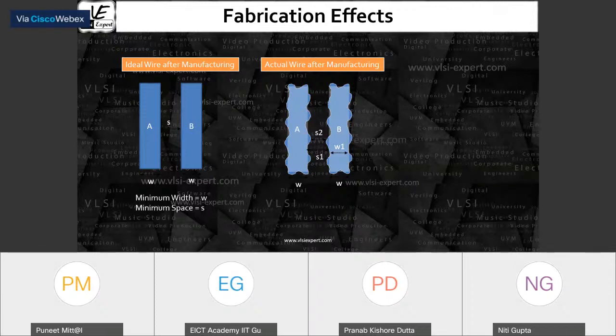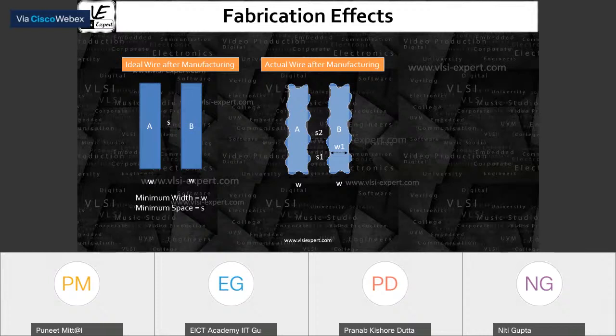And even though the foundry tries to minimize it, the foundry cannot just escape and make it an ideal structure. There are a number of reasons. For that, maybe you can read about the diffraction of light, you can read about etching, you can read about lithography, or maybe you can just go through and understand the complete fabrication process.